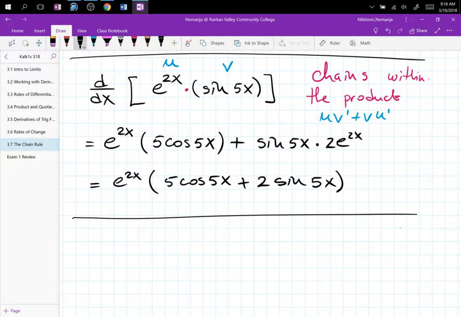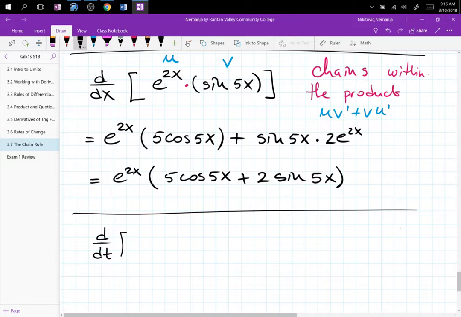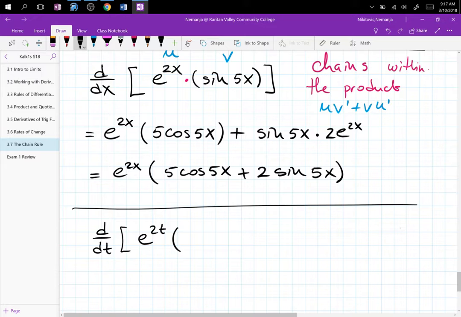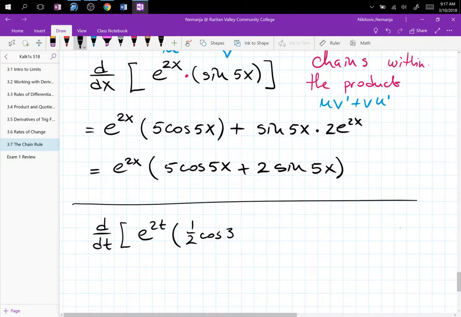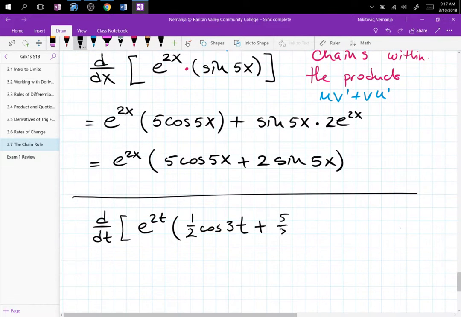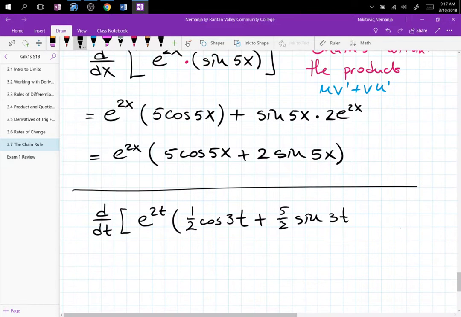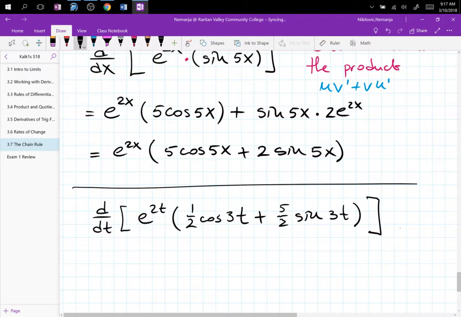So your answer for the problem would be y equals, but we are going to say take the derivative of e to the 2t times 1/2 cosine 3t plus 5/2 sine 3t.